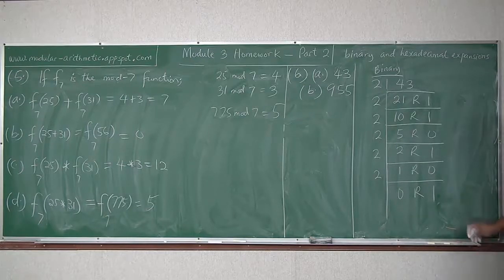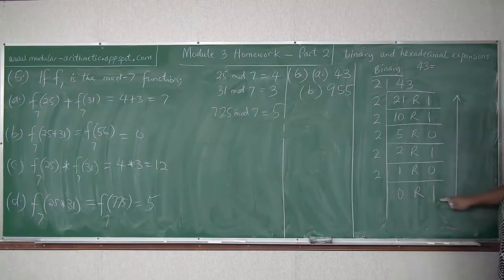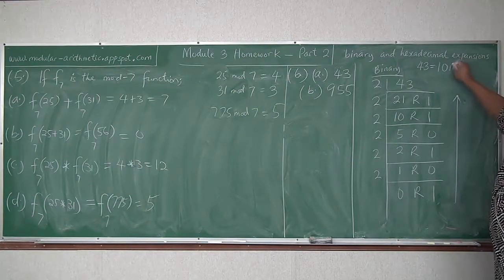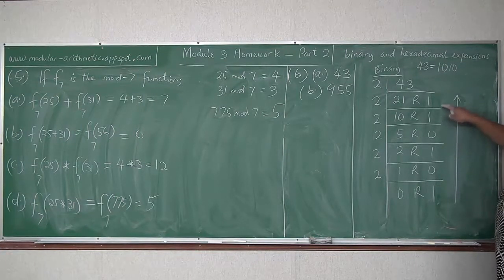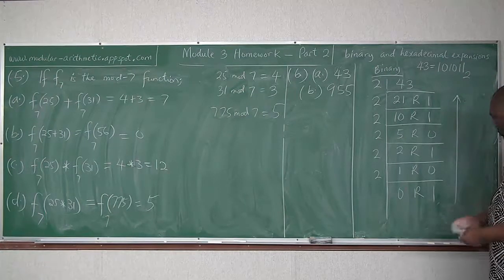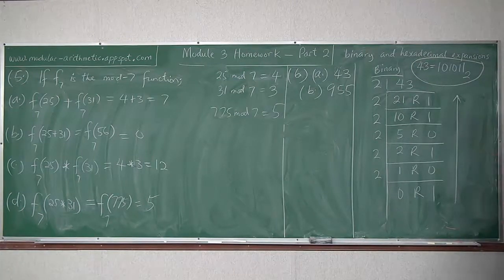Then you count upwards. So we see that 43 in base 10 will be, counting upwards, 1 0 1 0 1 1 in base 2.